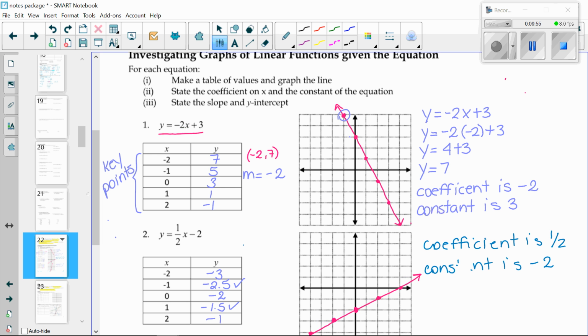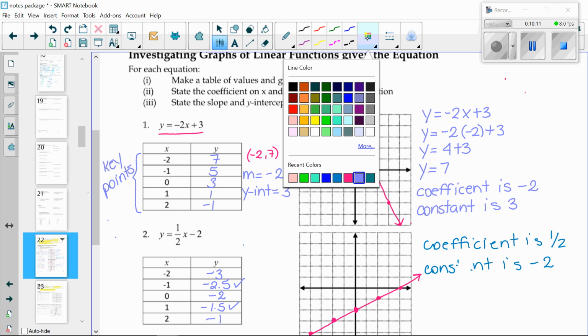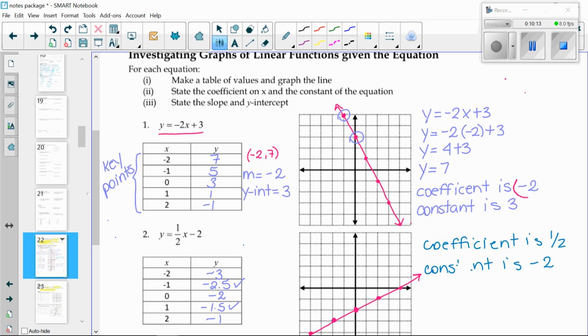Well, my y-intercept is right there. So my y-intercept is equal to 3. What do you notice about the coefficient on the x and the constant? Your constant is your y-intercept, your slope is your coefficient.